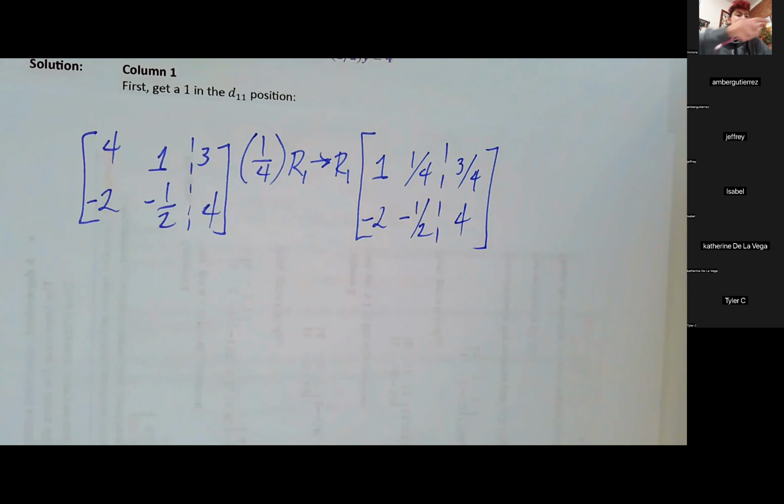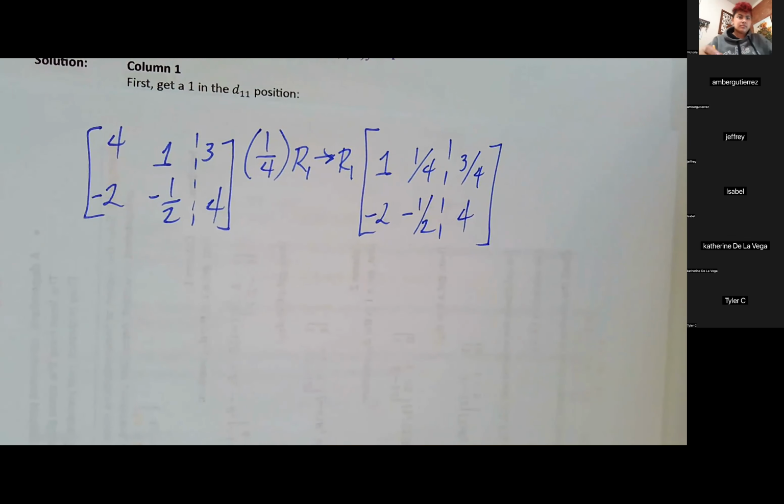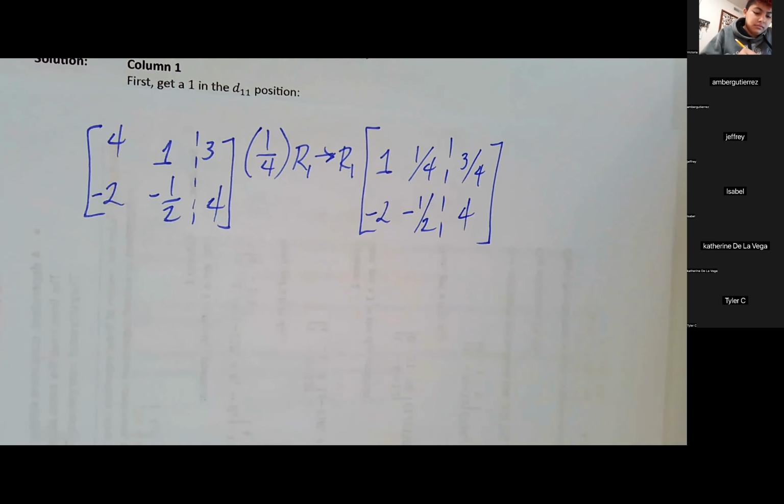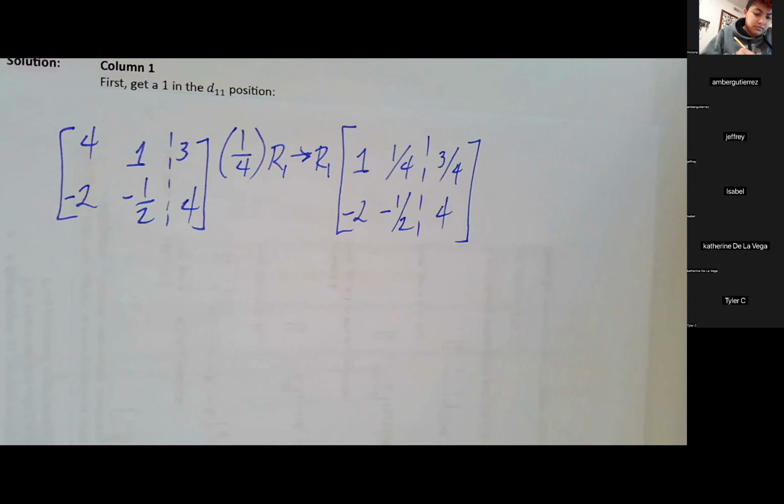Is that all right so far? Yes. Okay, good. So we've got a 1, we've got some fractions, so we're a little bit nervous, but we're okay. What do we need to add to -2 to get 0? 2. Good.